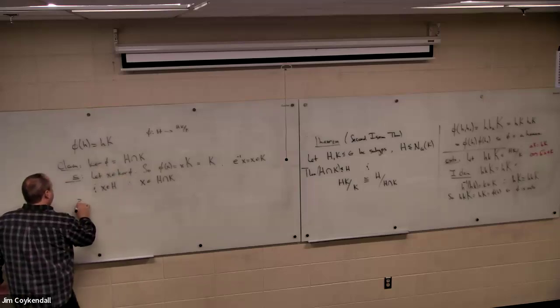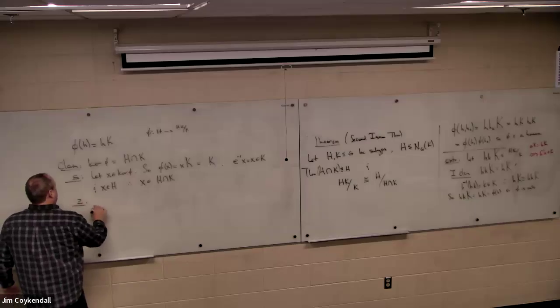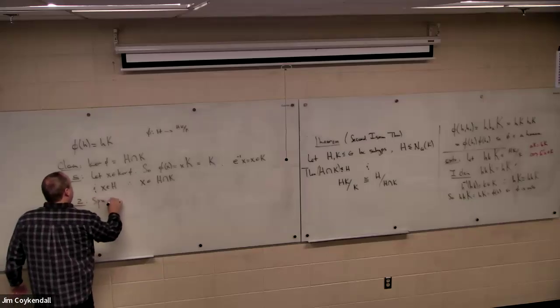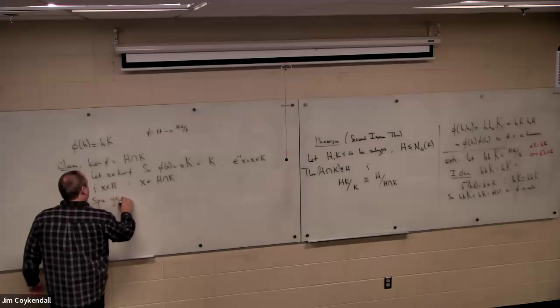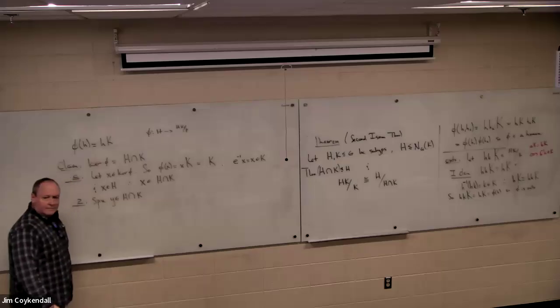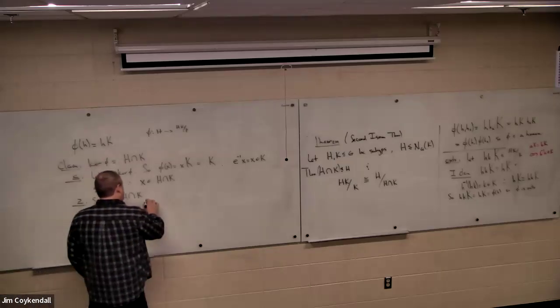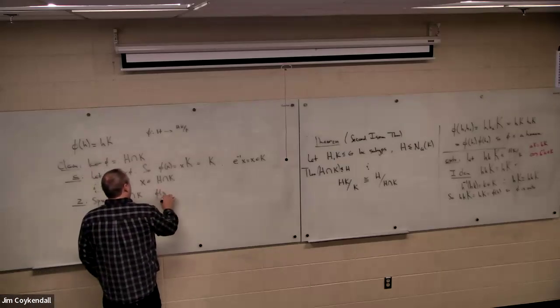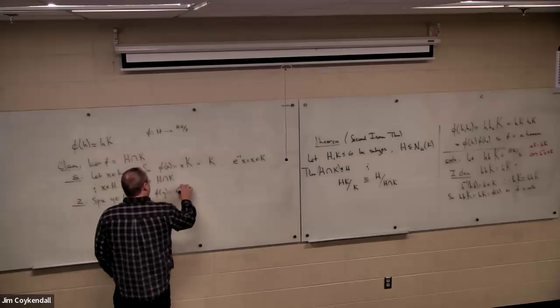For the other containment, suppose Y is in H intersect K. Now look at phi of Y, which is YK.